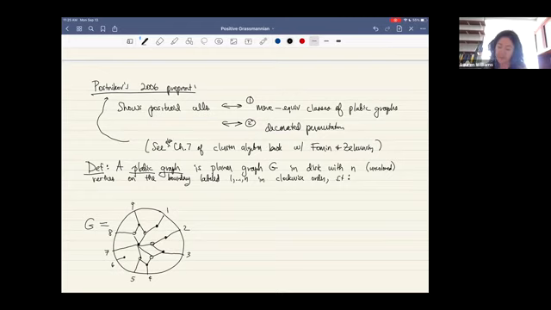Okay, so we already see we have a planar graph in a disk with n vertices on the boundary labeled in clockwise order.